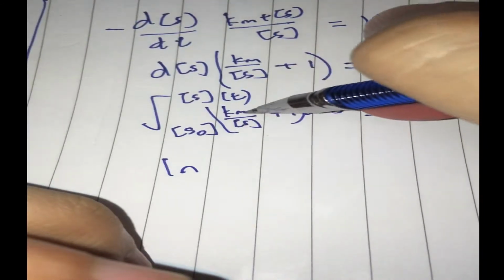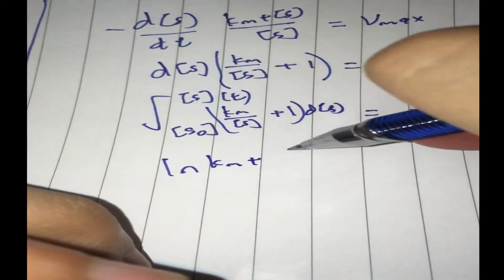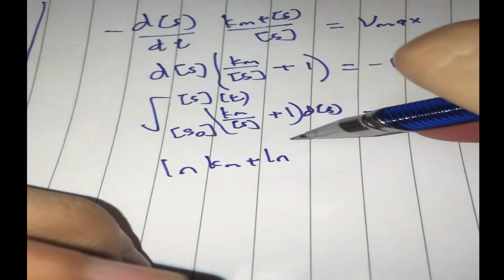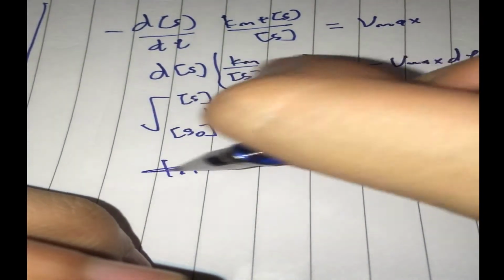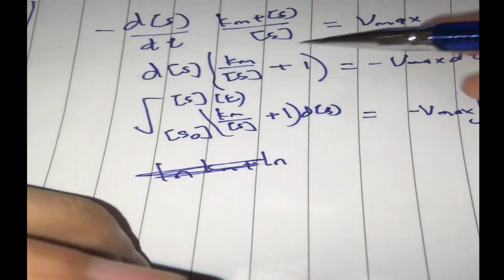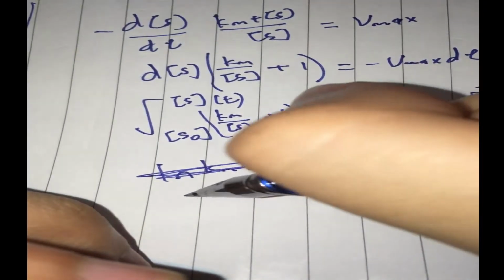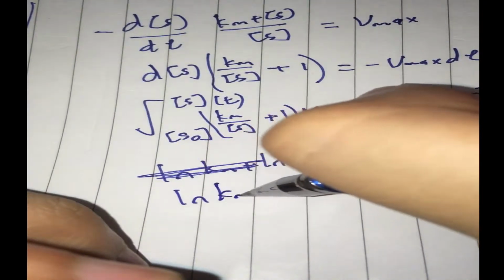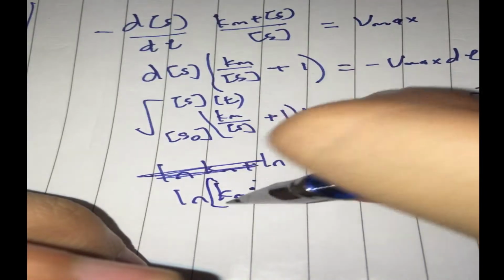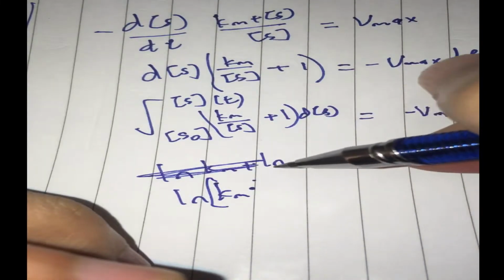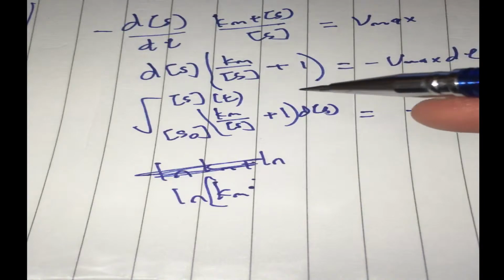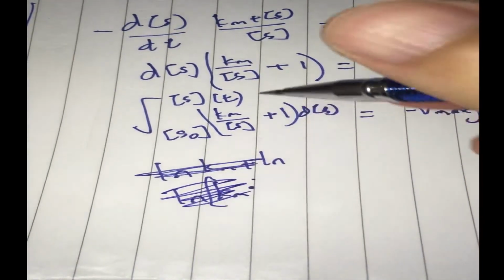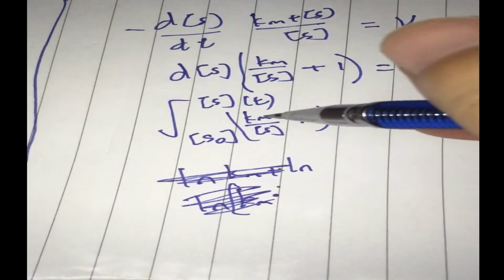Okay, so you have Km plus ln, so you have 1 Km times... I'm sorry, this is a constant, we bring it out.